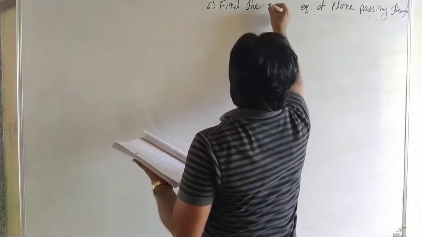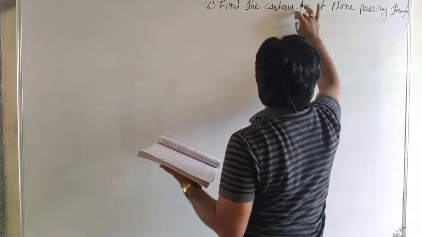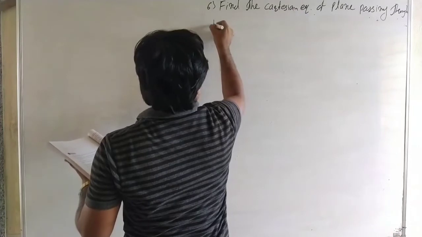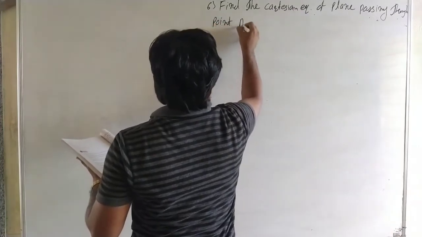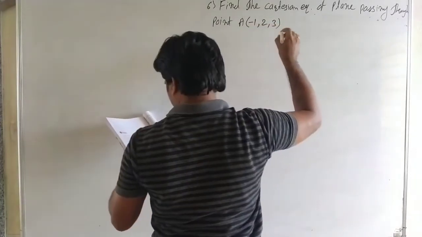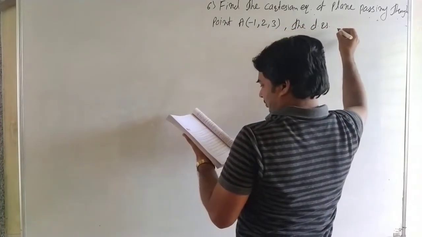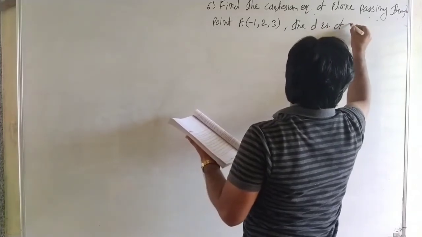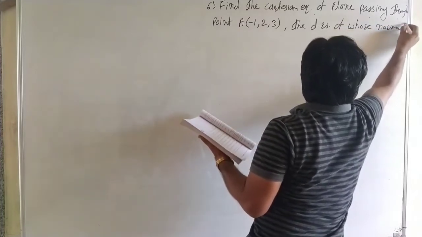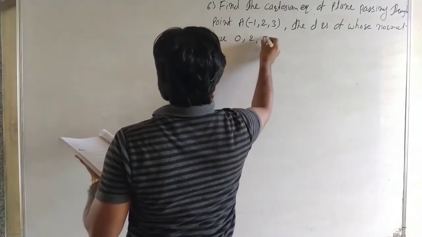Find the Cartesian equation of a plane passing through the point A (-1, 2, 3) and the direction ratios of whose normal are 0, 2 and 5.